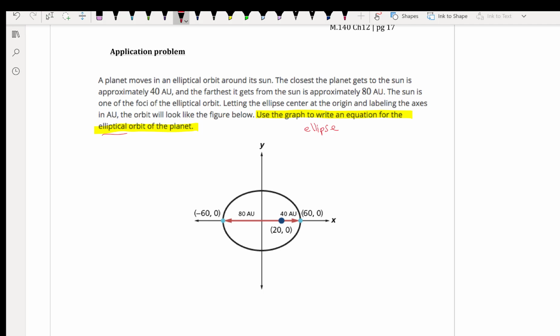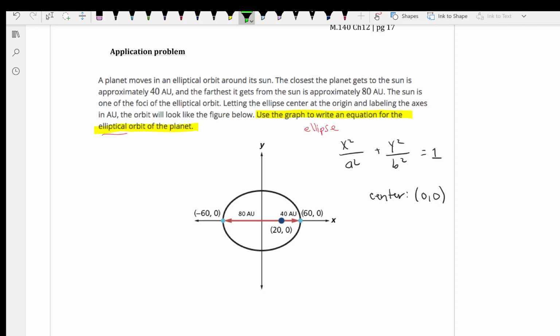So I know I'm going to have my general equation, x squared over a squared plus y squared over b squared is equal to 1. And I know that my center here is 0, 0, because it tells us that we're at 0. So here, it looks like from the center going out. Maybe I should highlight that more than anything.